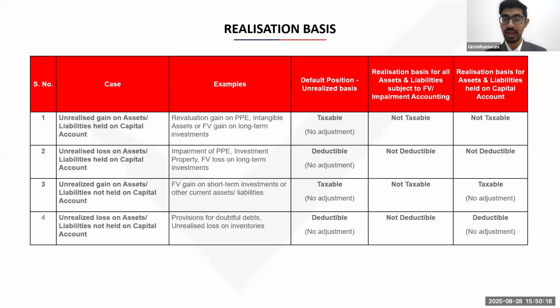And that option has to be decided and selected in your first tax return itself, because this is going to be an irrevocable election. It cannot be changed in future years. So the companies need to decide and make the election in the first year itself.